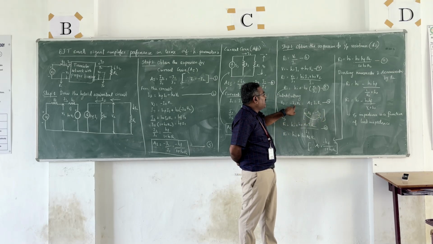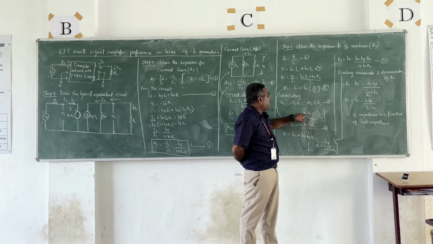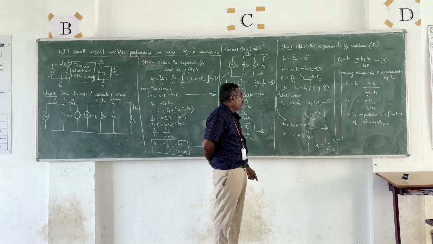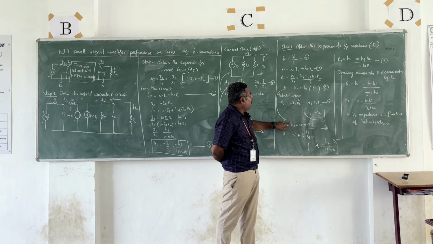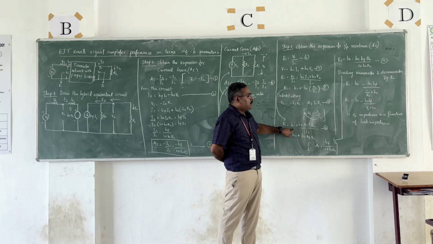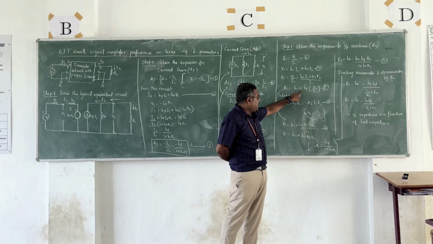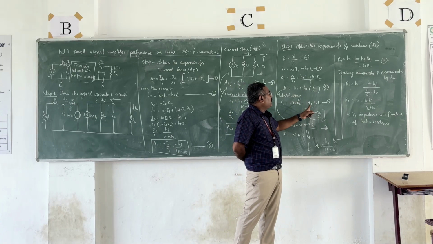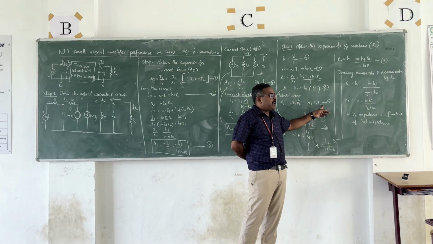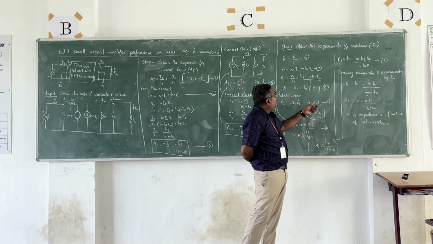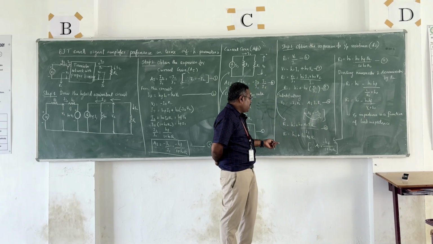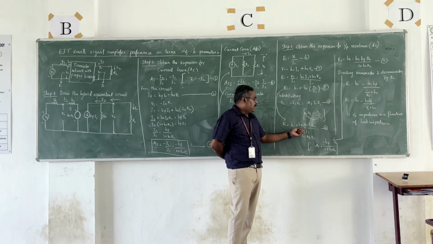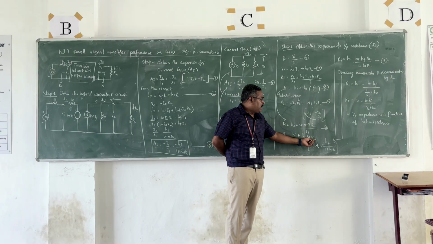In place of I2 we write AI into I1 into RL, rearranging like this. Okay. So RI is equal to HI, which stays the same, plus HR, with V2 substituted by AI I1 RL, divided by the already existing I1. Okay. So RI is equal to HI plus HR AI RL.